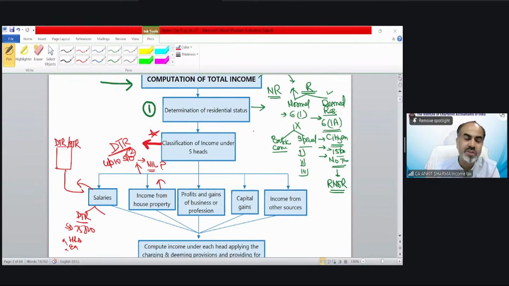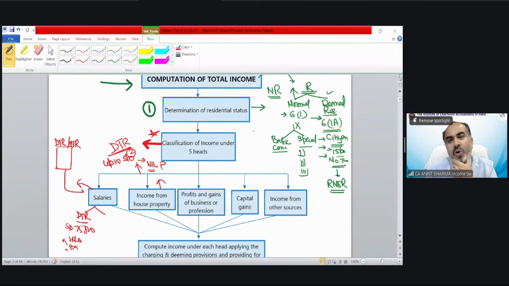If the question says calculate your income under the default tax regime, and there are three properties, two self-occupied and one let out, then for the two self-occupied properties, whether the loan information or pre-construction period interest has been given or whatever it is, you do not need to read it at all. You can write down that it's nil value and focus only on the third property. That will save your time. If you paste this kind of information on the first page of your topic, it will help you at the time of revision as well as in the examination.